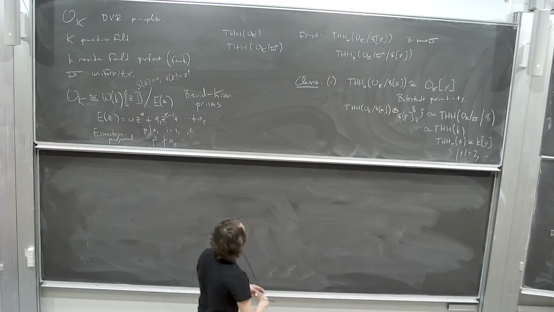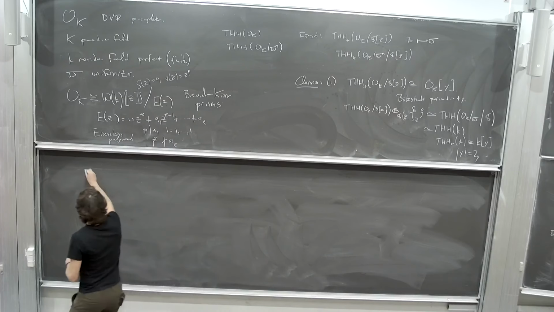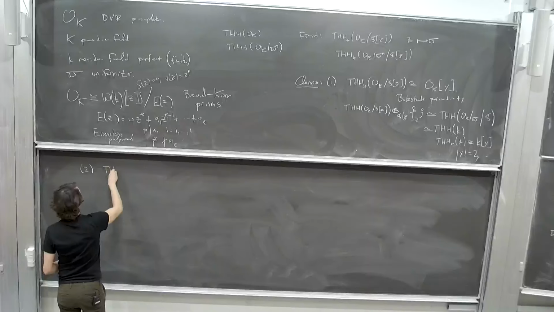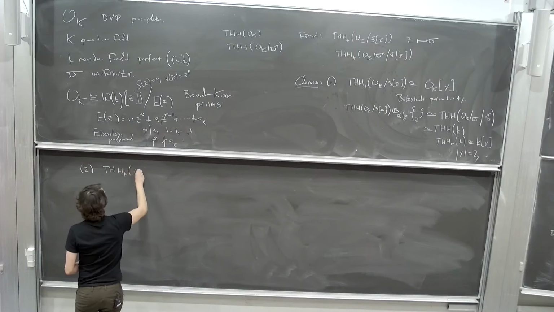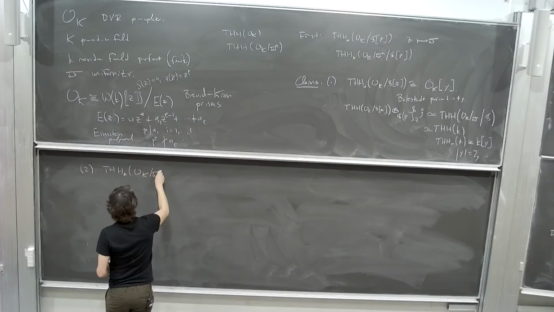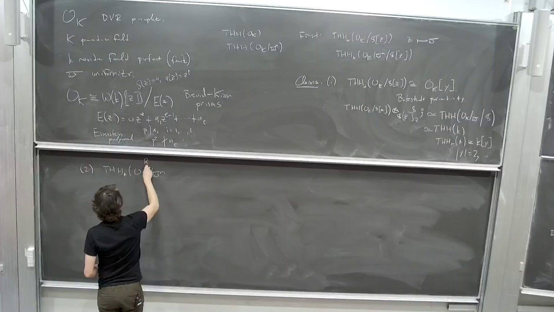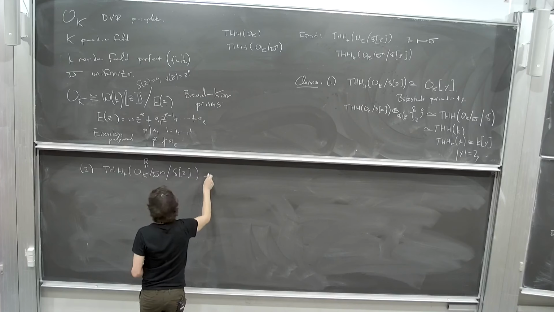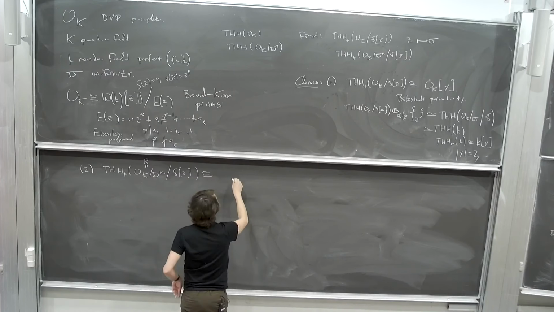Okay, and now what's the claim 2? What happens to THH of OK mod pi to the n, let's just call this R for the time being, over S adjoin Z. And here again we see this same sort of pattern.